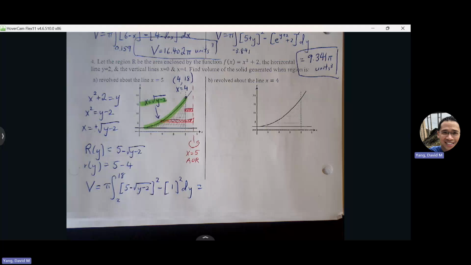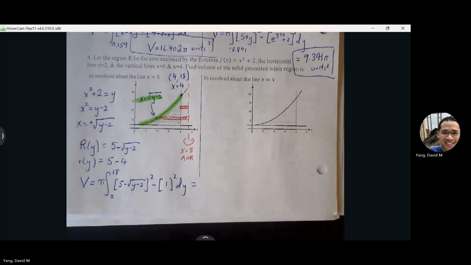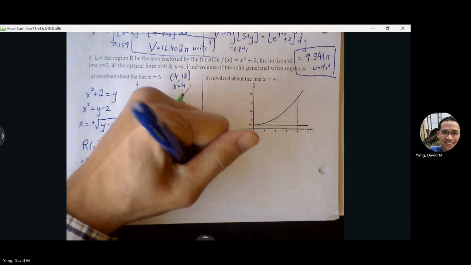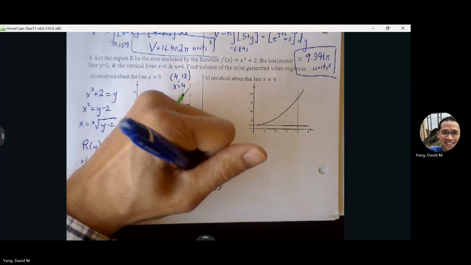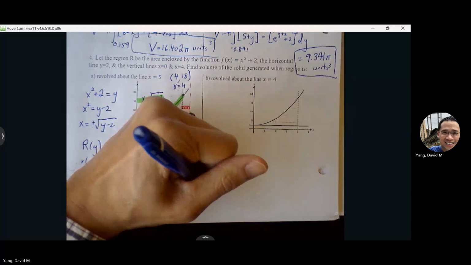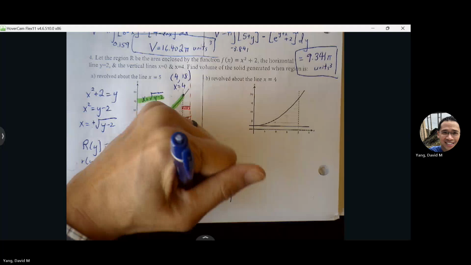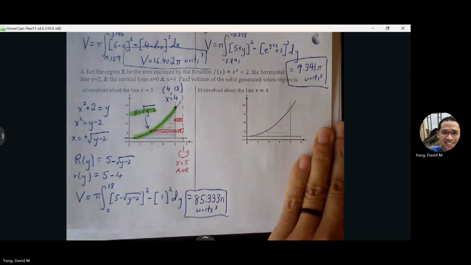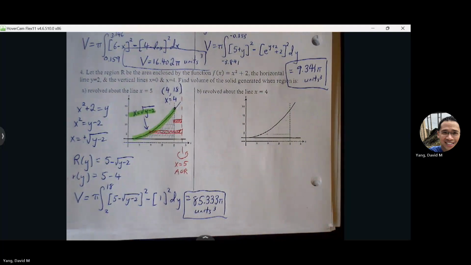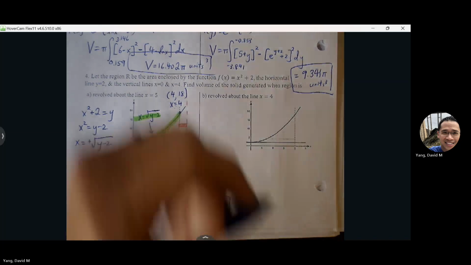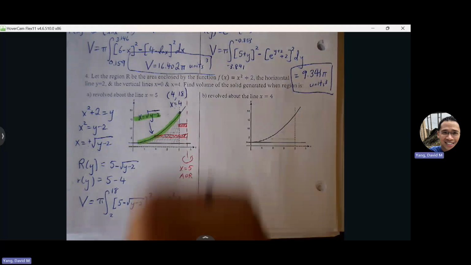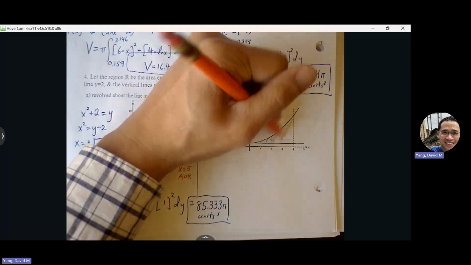Right, we're on page 16. Okay, part B, same shaded region.